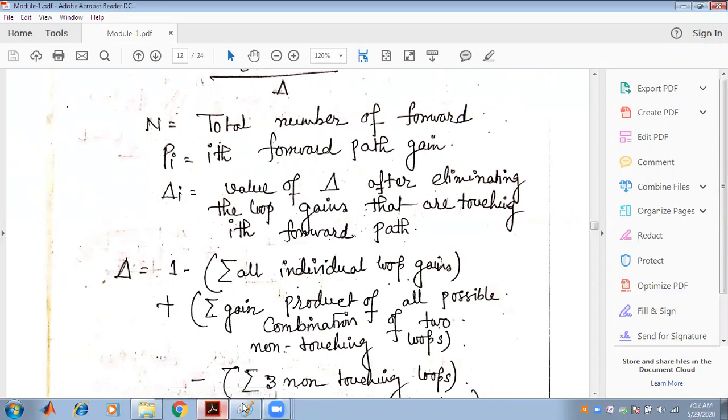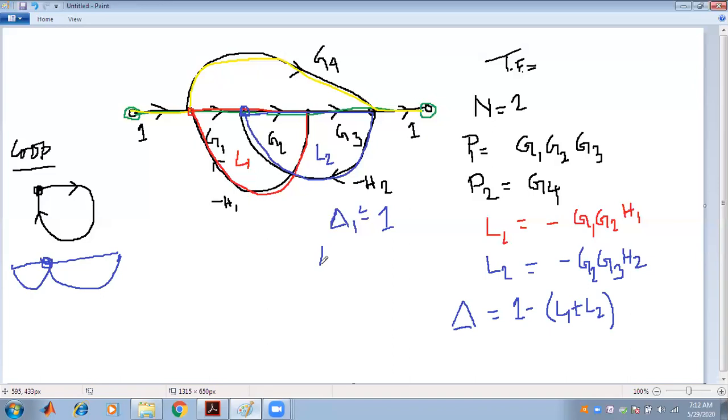So what is the del 2? Del 2 means that value of del after eliminating all the loop gains, that is the second forward path. The second forward path is denoted by the yellow color. Both loops are touching the second forward path.